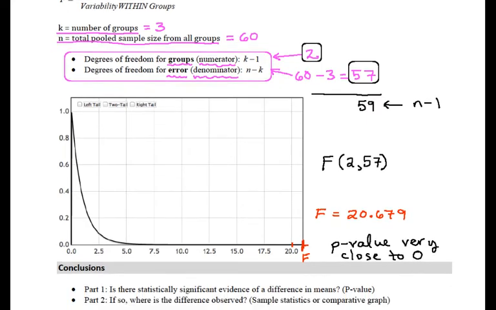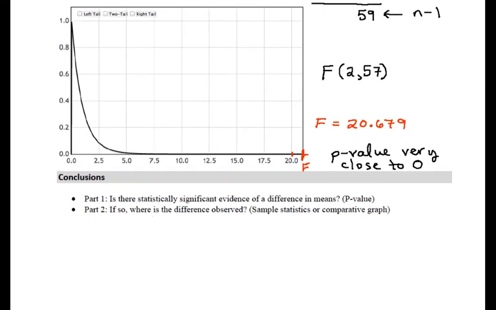So now that we have a p-value, we can go on to our conclusion. This is a multiple comparison test, so we do have a two-part conclusion. At least if we get statistical significance in part 1, then we want to answer in part 2 also, where is that difference observed. For part 1, with our p-value so close to 0, we of course have very strong statistical significance.